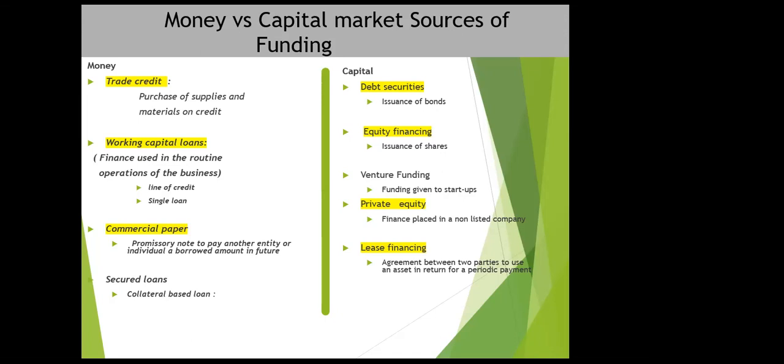Commercial paper as well. This is usually issued by big institutions or big businesses that are well established already and are doing very well on the market, because it's an issue of trust. Okay. Secured loans, most of the startups don't have adequate equipment that they can utilize as the collateral.